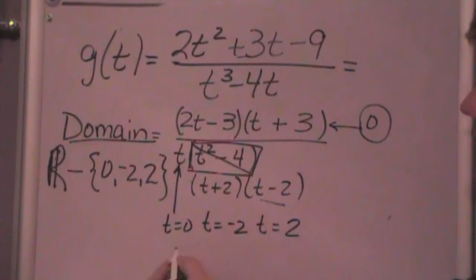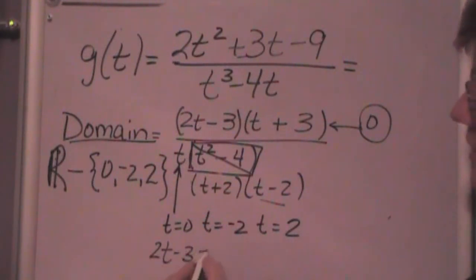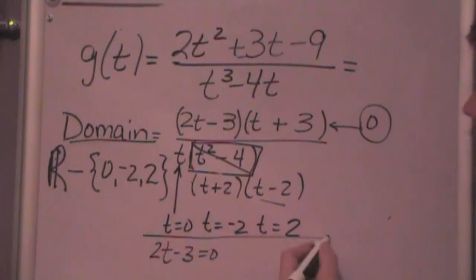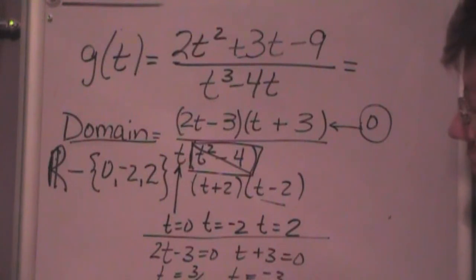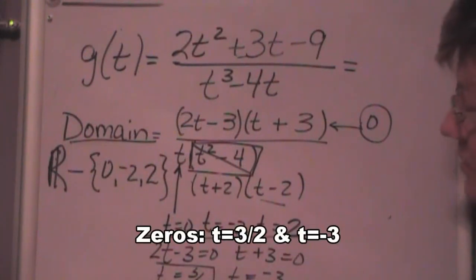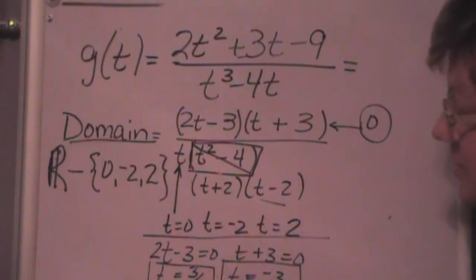So now what we do is we set the 2t minus 3 equal to 0 and t plus 3 equal to 0. Here we have t equal to 3 halves and t equals negative 3. These are the 2 zeros of this rational function.